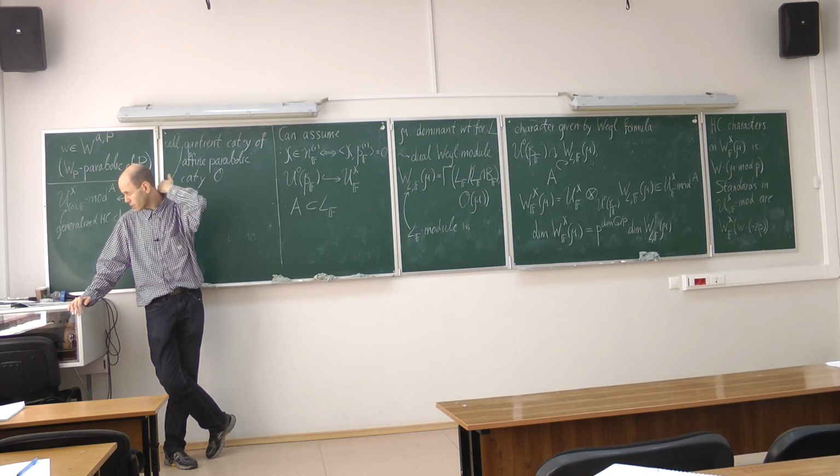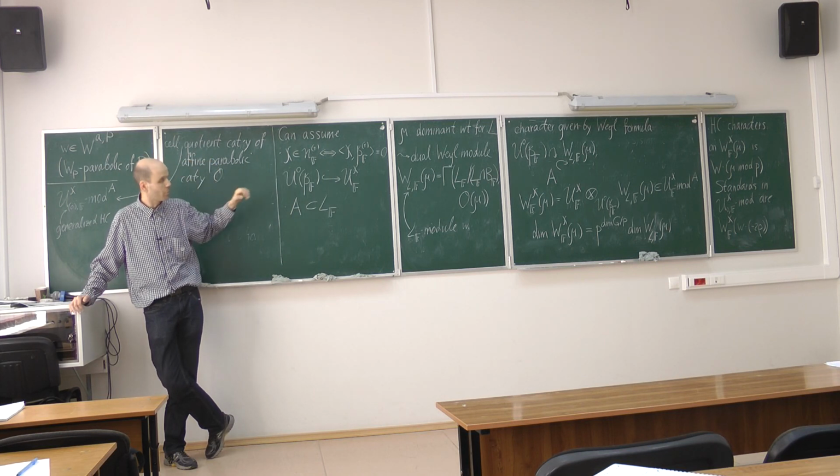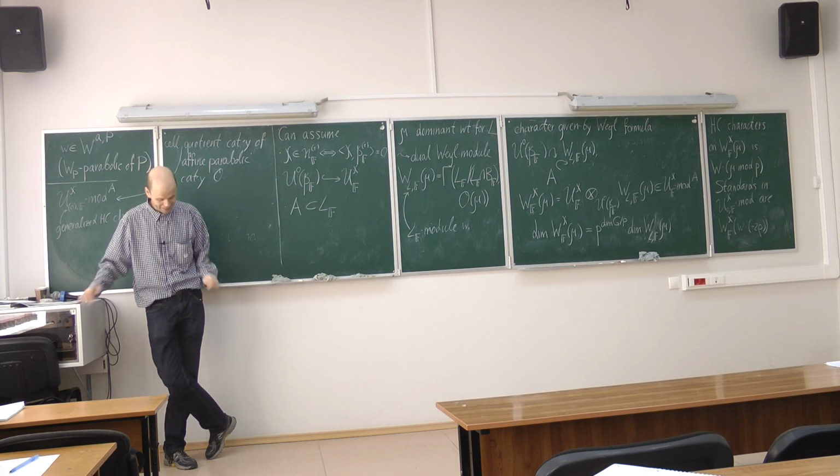Basically, for this, you need to know derived localization in characteristic p, which I will talk about. And you will need to know this equivalence between two different versions of affine Hecke category, which I will also explain. And then maybe in the afternoon part, I will explain how some actual proofs go. Okay, for today, that's it.